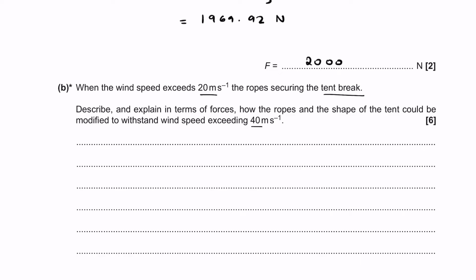So we just have to think about the forces and link the force with the shape of the tent, and also the ropes. We can talk about how this change in speed should modify our rope design, or the material used, for example.